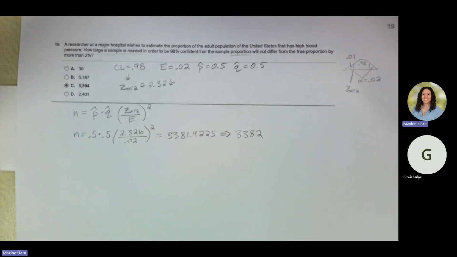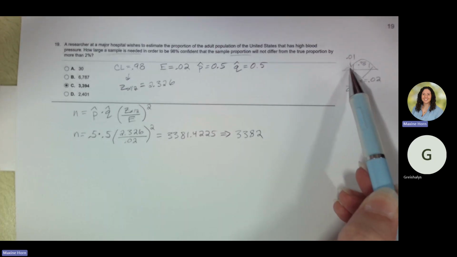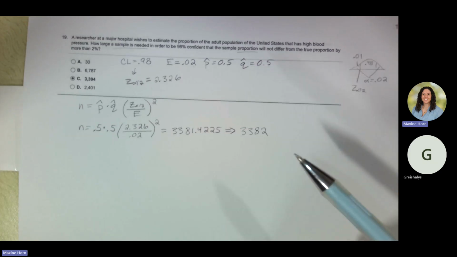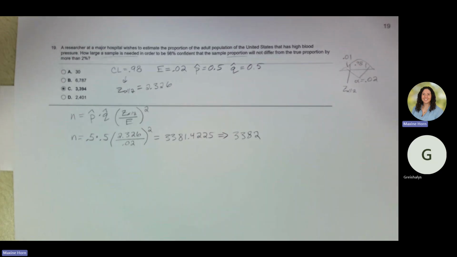So let's take a second and ask, what if I used the table in the back of the book to get the z-score? This is a 98% confidence interval. We did this over here, right? The area in one tail is 0.01, so I'm going to look up an area of 0.01 on the table.